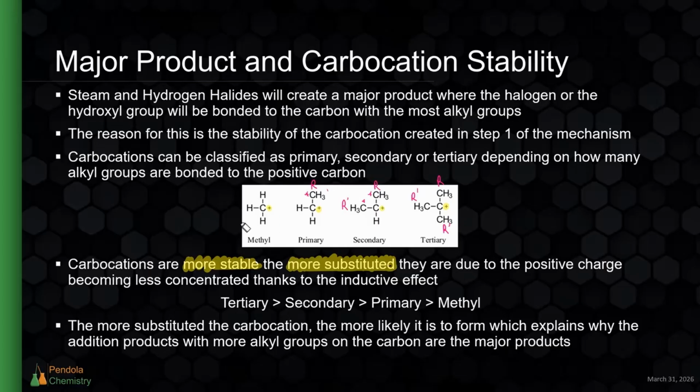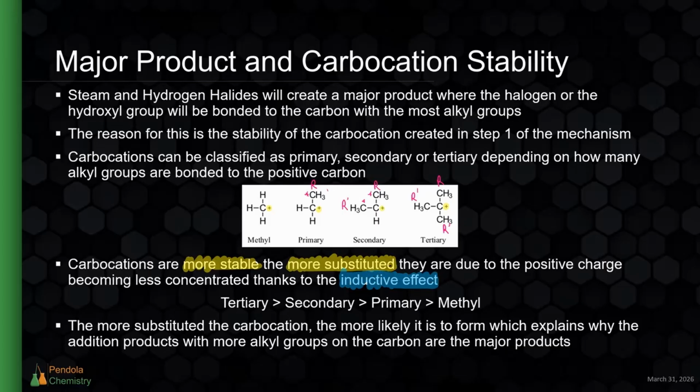So methyl carbocations, the ones where it's just three hydrogens, are the least stable, whereas tertiary carbocations are the most stable. They have more carbon chains attached to the positive cation. This is all thanks to something we talked about in the last chapter, which is the inductive effect.